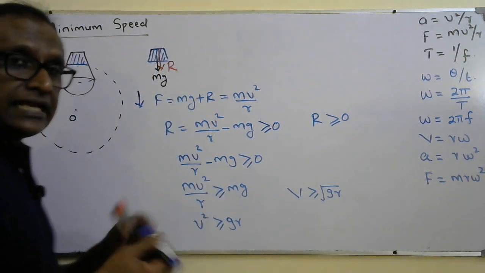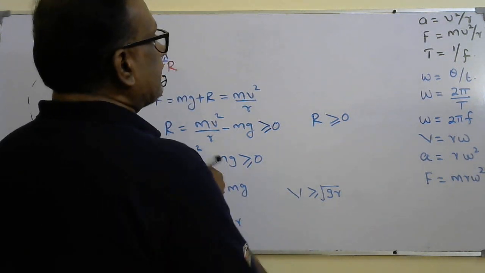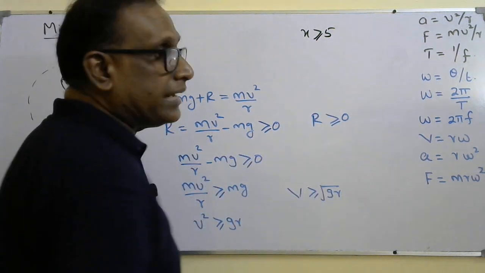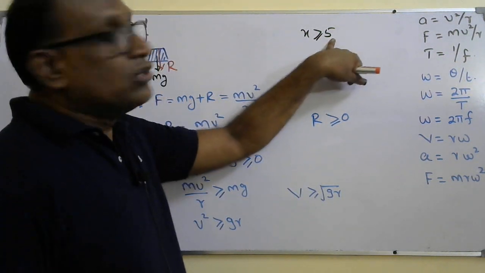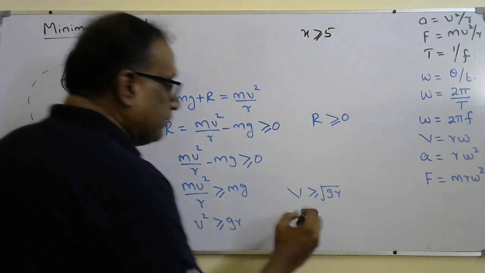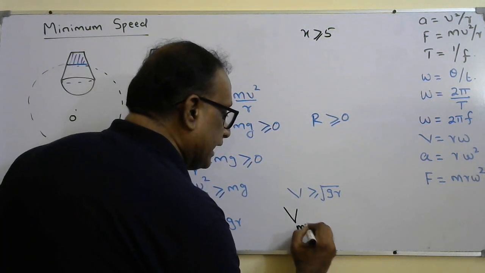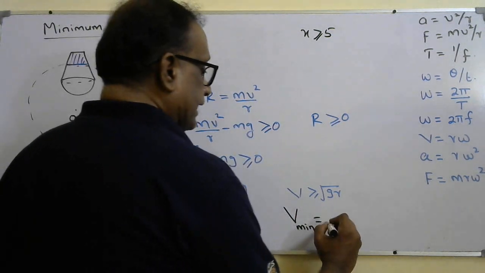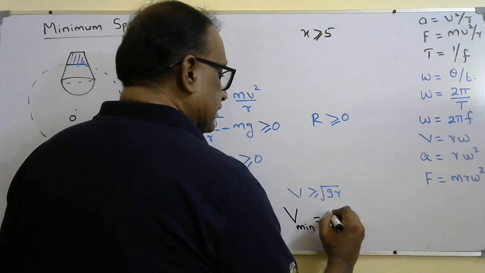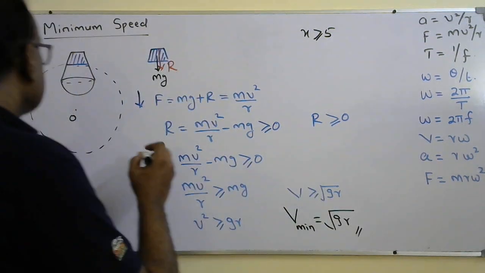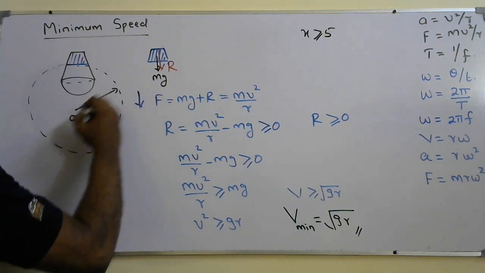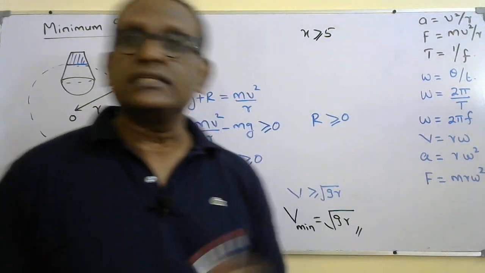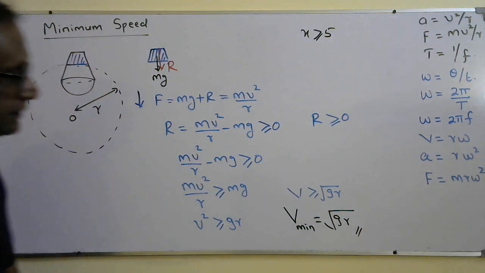You learned that in O level: x greater than or equal to 5 means the minimum value of x is 5. So here the minimum speed to maintain circular motion such that water does not spill out of the bucket is equal to the square root of gr. R is the radius of the circular orbit in which the bucket is rotated, and g is the gravitational acceleration on Earth, 9.81 meters per second squared.